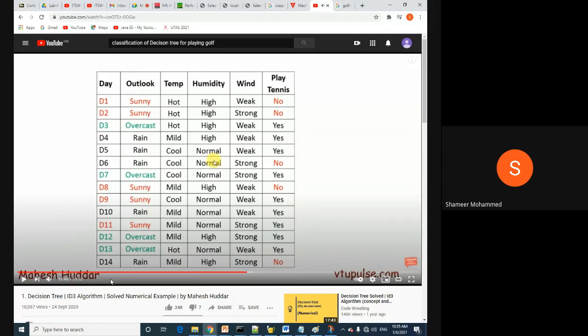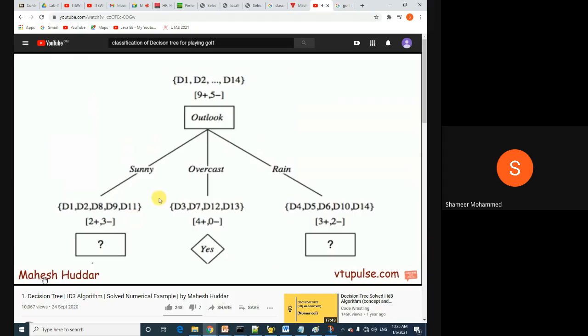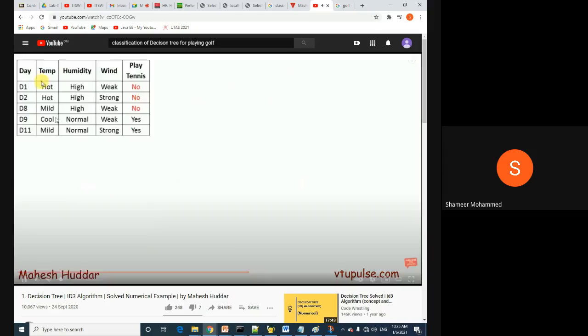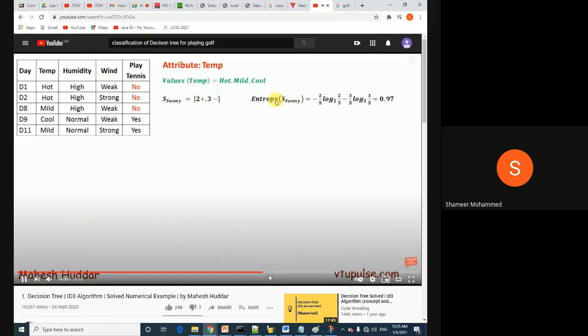See, this is for only sunny: D1, D2, D8, D9, D11. So this is the table. With this you can draw the decision tree.